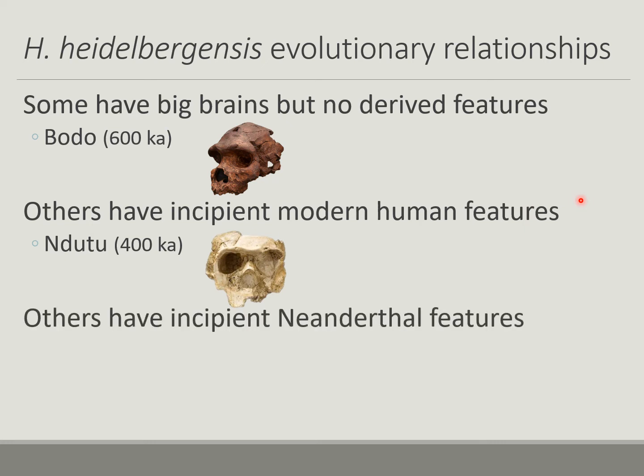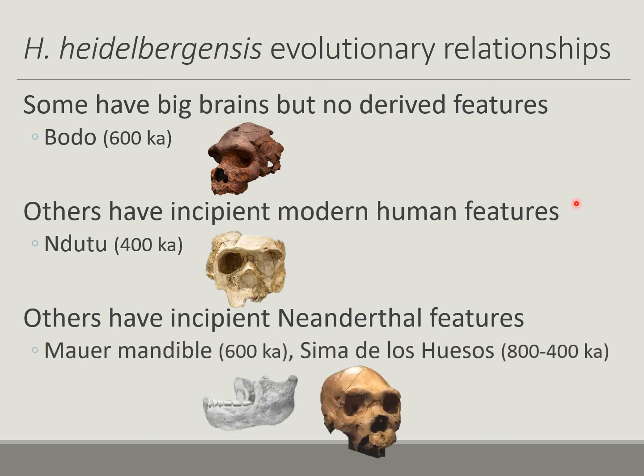Others have incipient Neanderthal features, and these are going to be the European ones, the Mauer mandible, right, with that retromolar gap, and Cima de los Huesos with the inflated infraorbital area here, infra meaning below, so below the orbits, and that incipient occipital bun, which you can't see here.